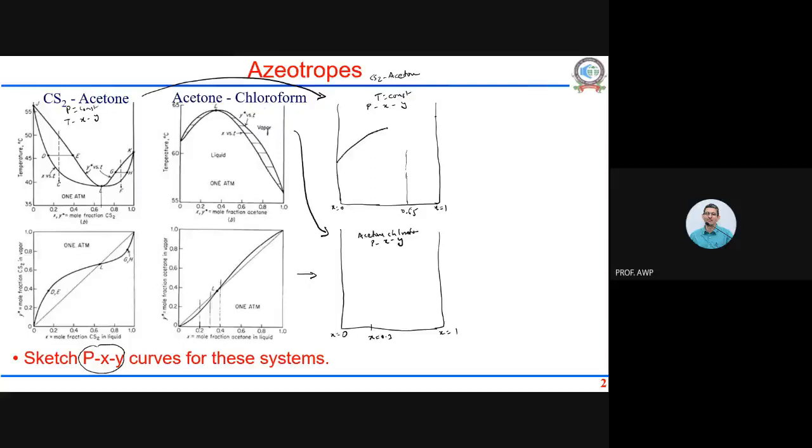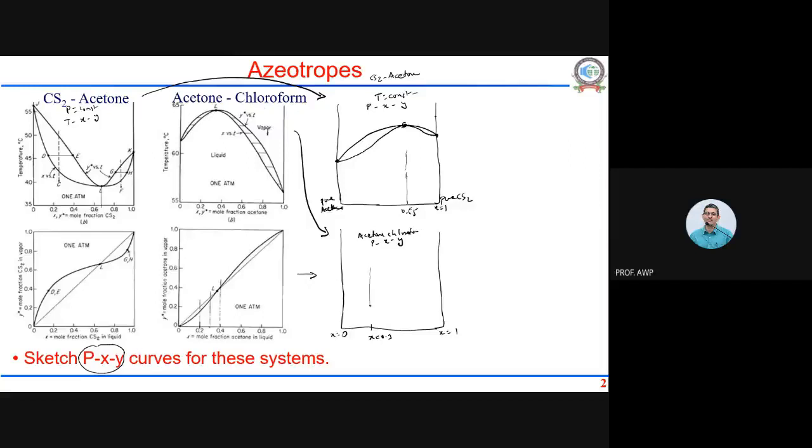So it may look something like this. Pressure is maximum, which means at a particular temperature volatility is maximum, and x equal to 0 means acetone, so pressure would be lower. X equal to 1 means pure CS2. This is pure CS2, this is pure acetone. Do you agree?